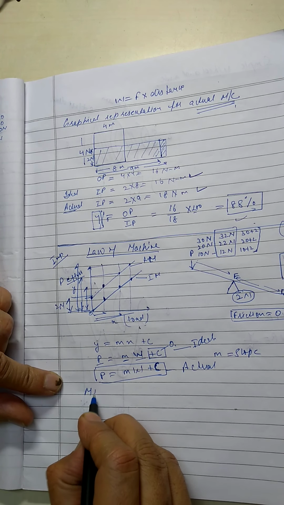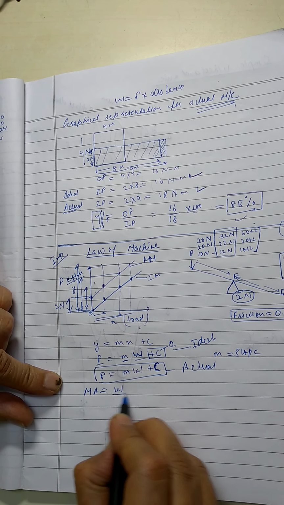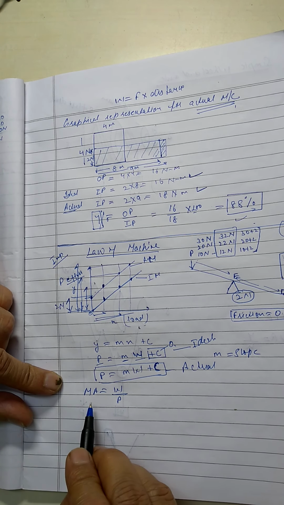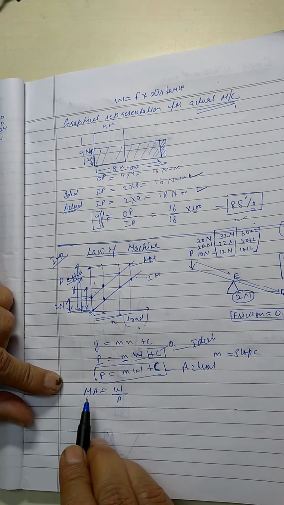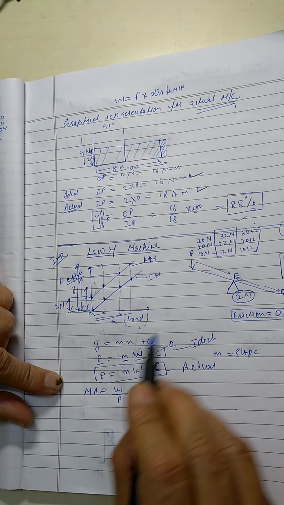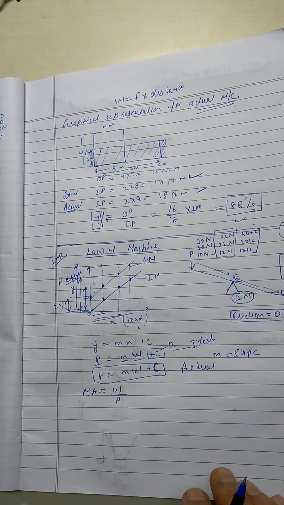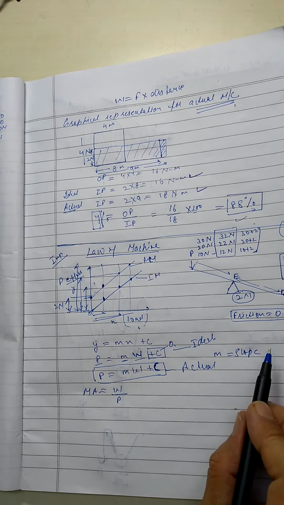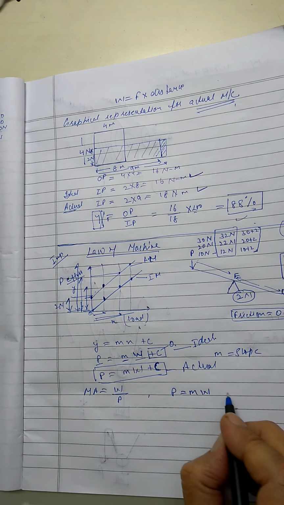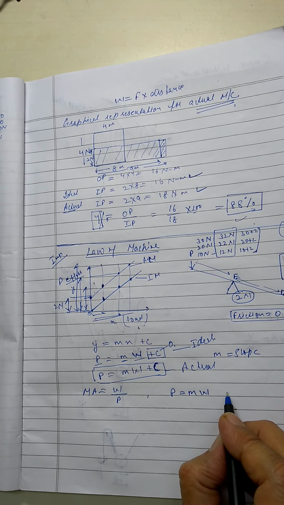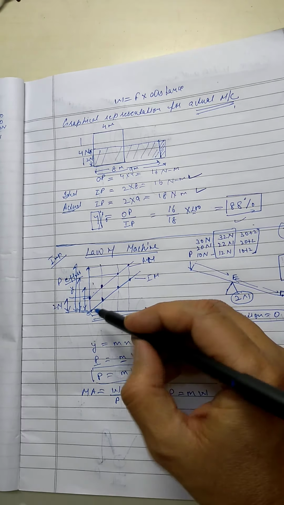As you know, mechanical advantage is equal to W upon P, but the mechanical advantage will be maximum when the machine is ideal. So the ideal machine will have the maximum mechanical advantage, and for an ideal machine P is equal to mW, because C becomes 0. In an ideal machine the friction is 0, so this extra effort does not have to be applied. So this is the equation of an ideal machine.